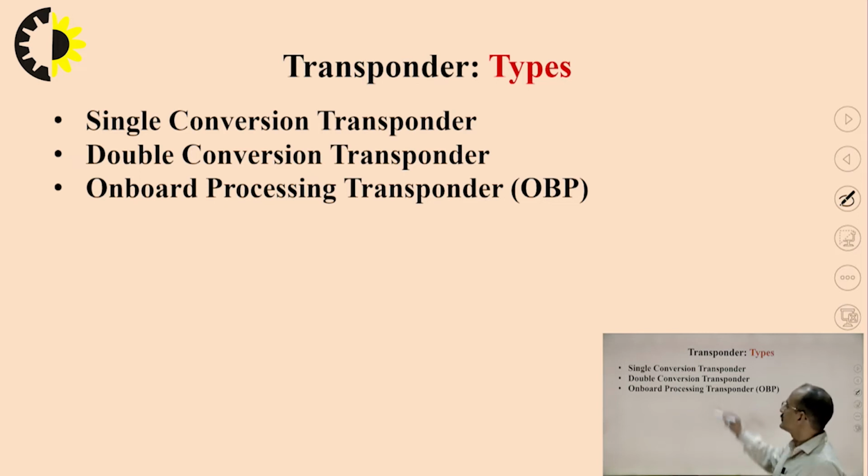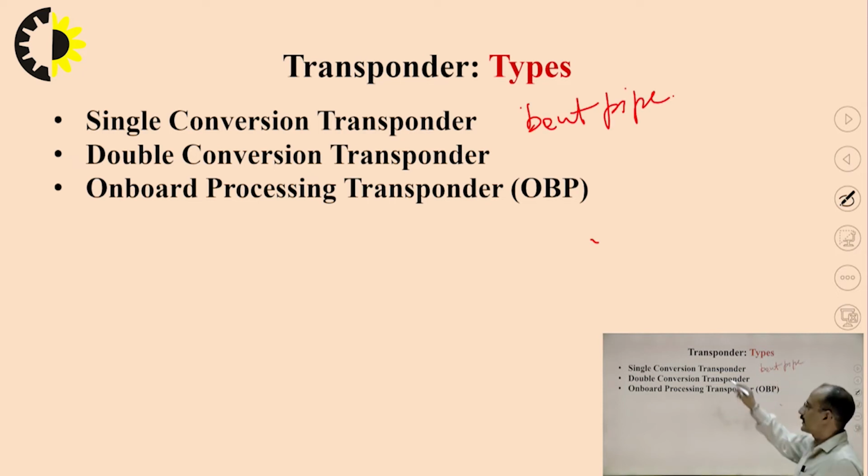These are single conversion transponder, double conversion transponder, and onboard processing transponder. Single conversion or double conversion transponders are also known as bent pipe transponders.